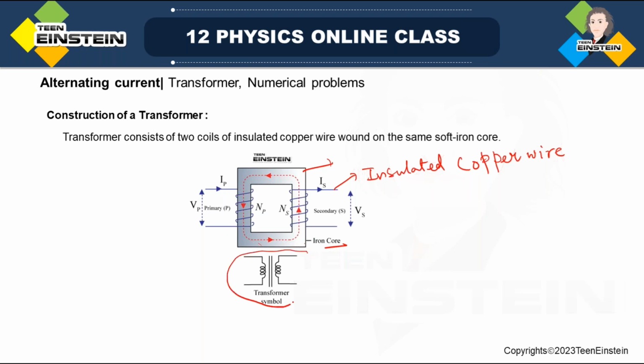This is the symbolic representation of a transformer. You look, there are two coils like this, and this means this is a transformer.